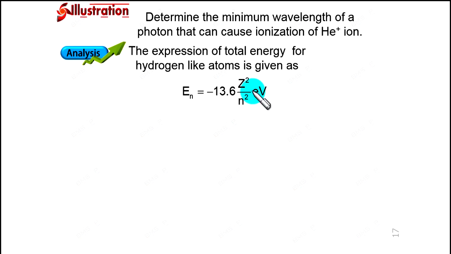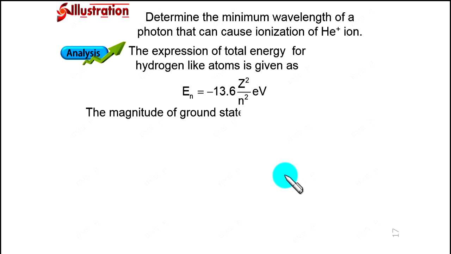That means we can write ionization energy is equal to E infinite minus E 1, E infinite equal to 0. That means ionization energy equal to minus of E 1 and E 1 is a negative quantity. If we substitute n equal to 1, this is the negative quantity. That means the magnitude of the energy at the ground state is the ionization energy, right.